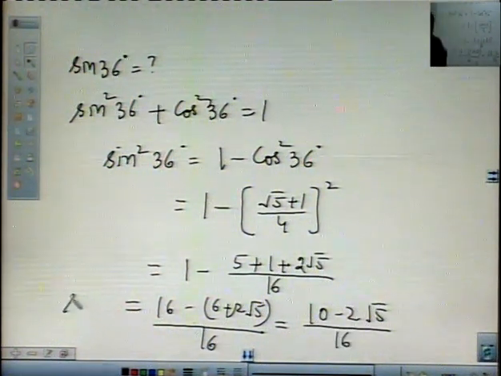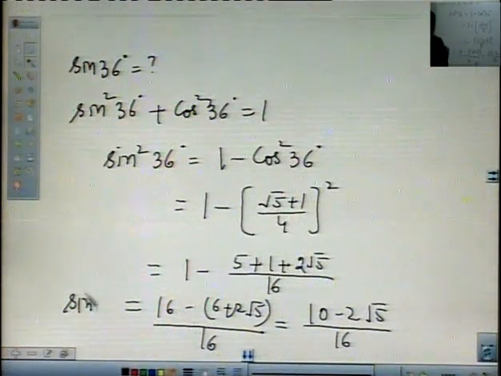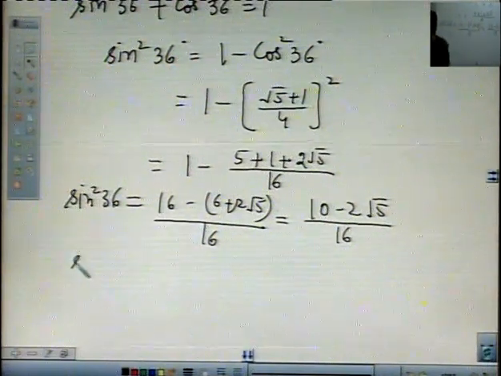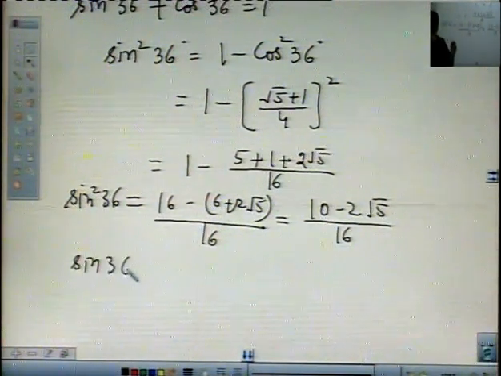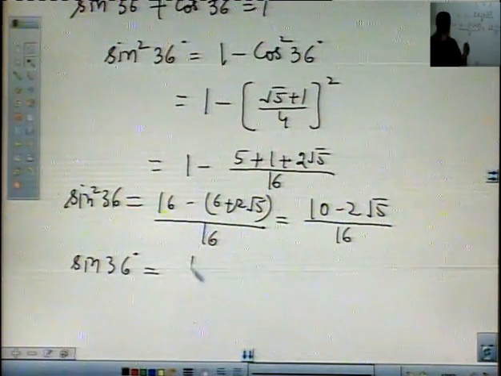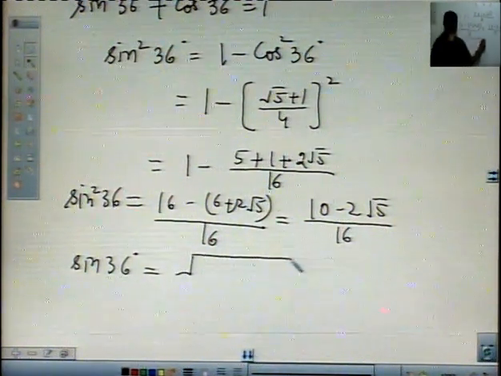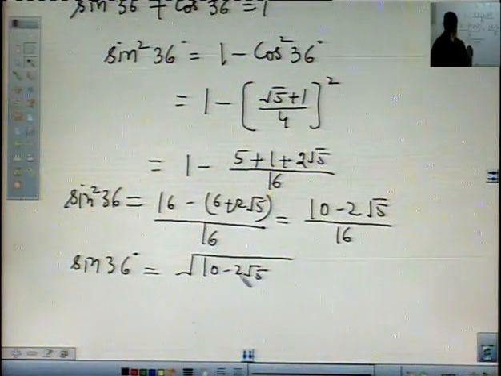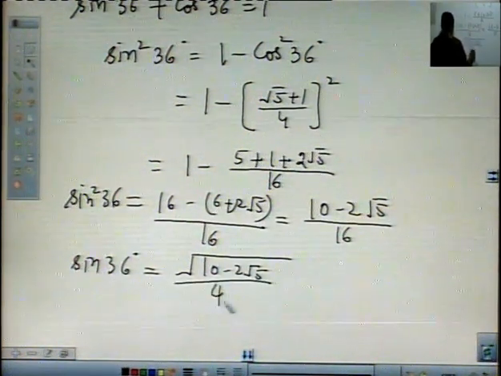This is the value of sin square 36. Now sin 36 is under root 10 minus 2 root 5 upon 4.